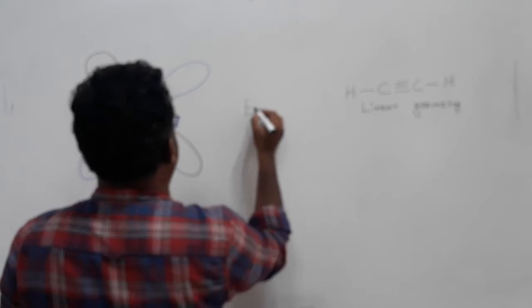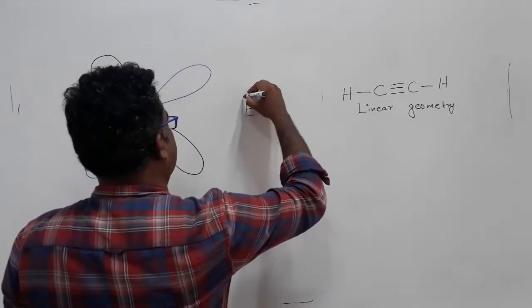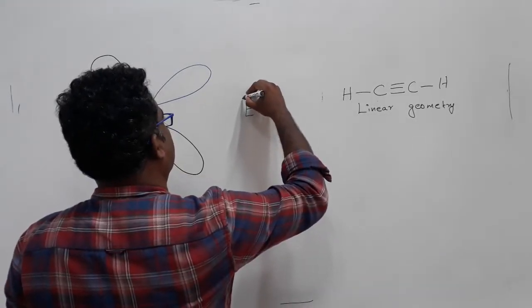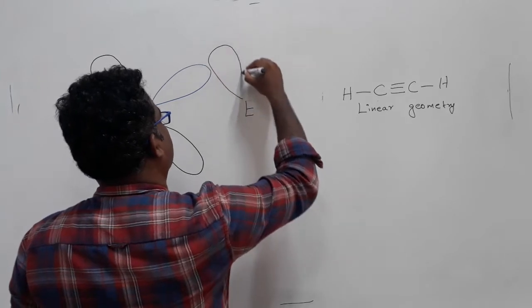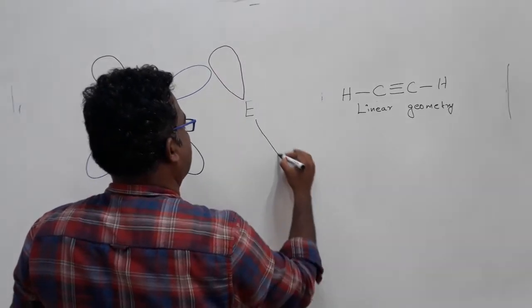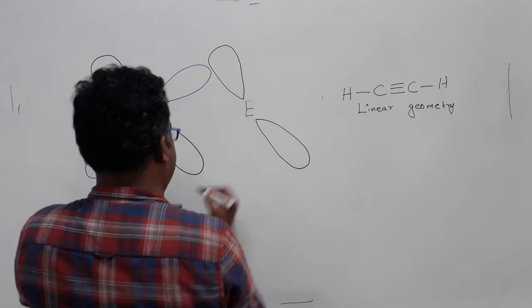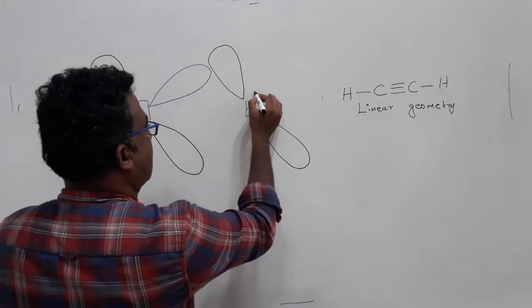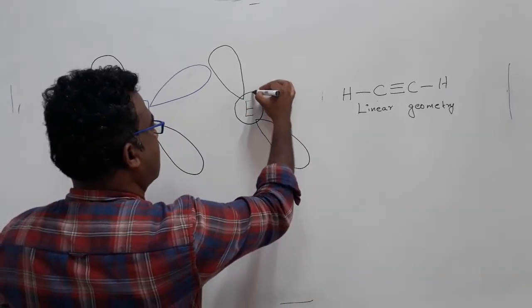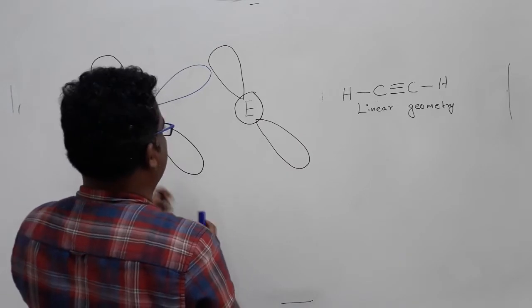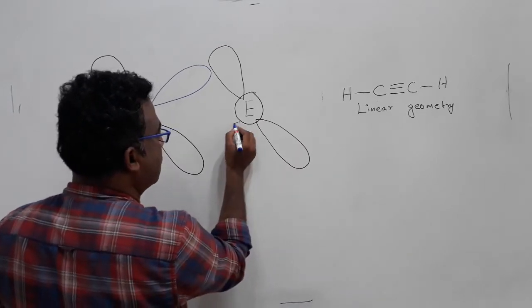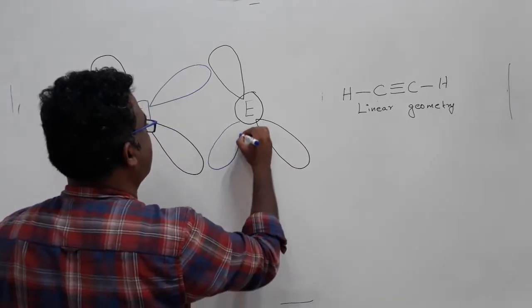E. It has an sp hybrid orbital and one more p orbital. You have another p orbital.